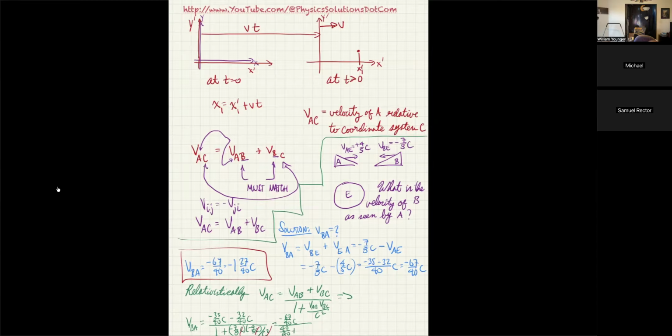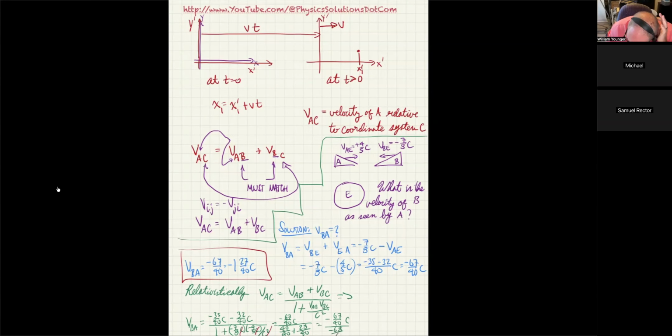So that's going to be plus. But now we have 7 times 4 is 28. And 5 times 8 is 40. So we have in the top negative 67 over 40 times C, but in the bottom we have 68 over 40.